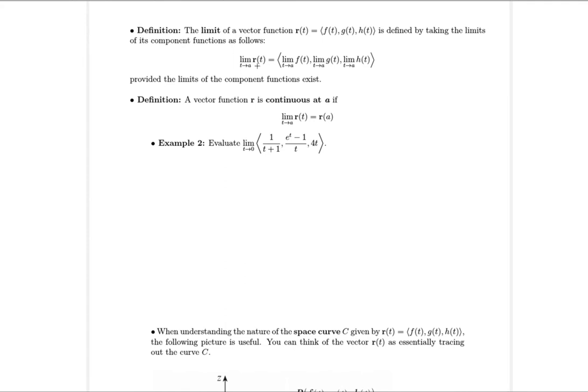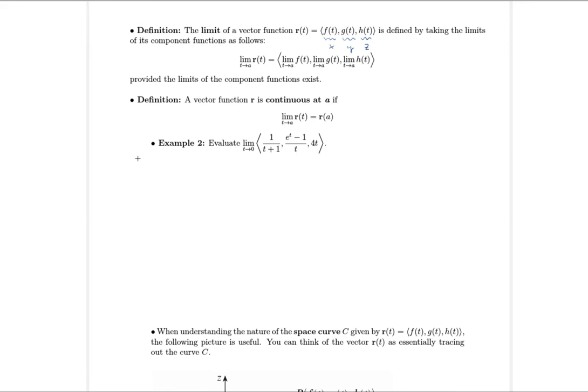So a limit is defined as you think it might be. If you have your function r of t, with f of t giving you your x, g of t giving you your y, and h of t giving you your z, then to take the limit of the vector valued function, you're just taking the limit of each individual component.